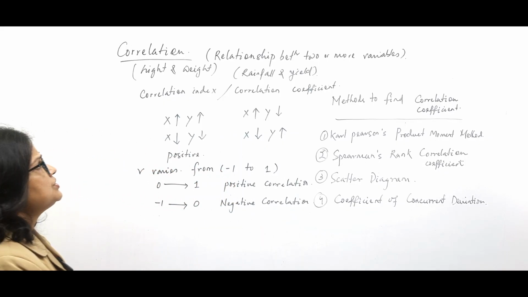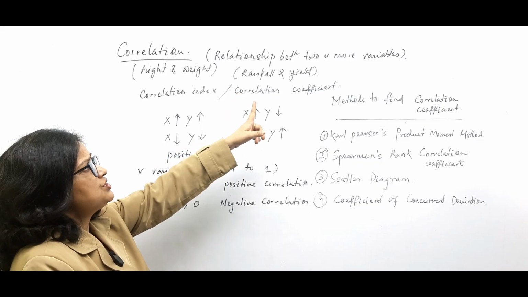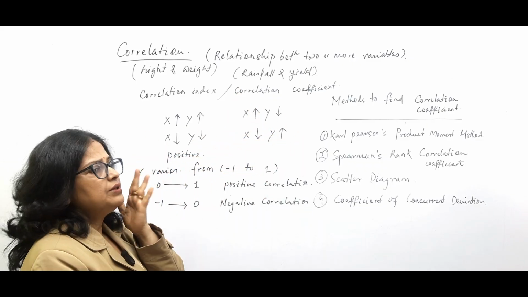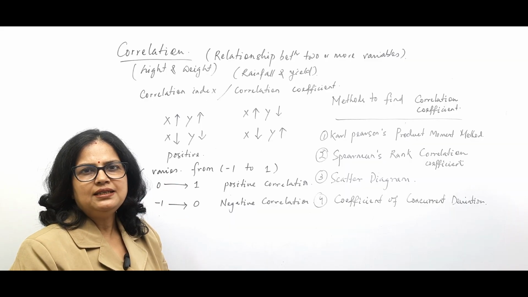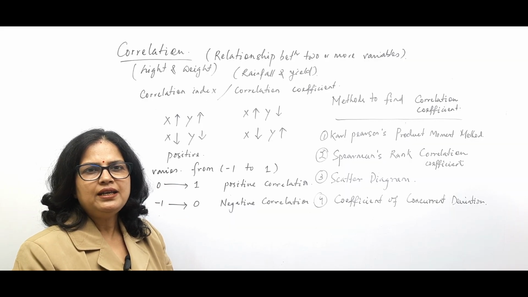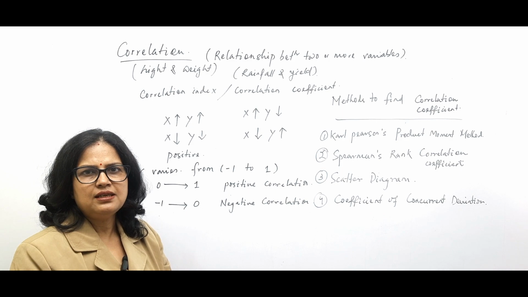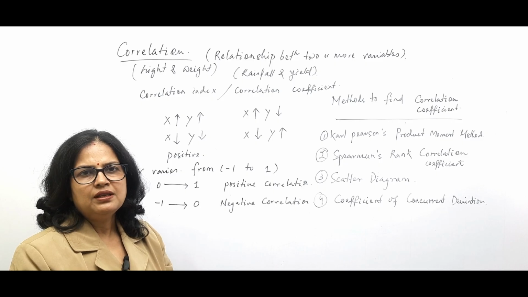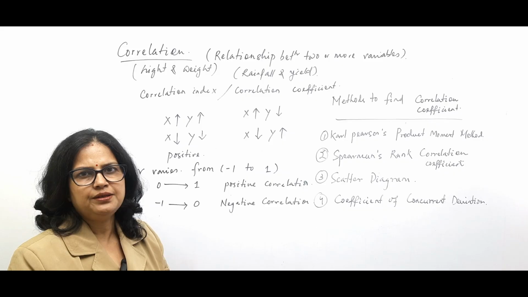So, correlation is the relationship between two or more variables. You can take any variables, like height and weight. Suppose the height is increasing, then the weight is also increasing or decreasing. That we can find, or we can relate these two variables.